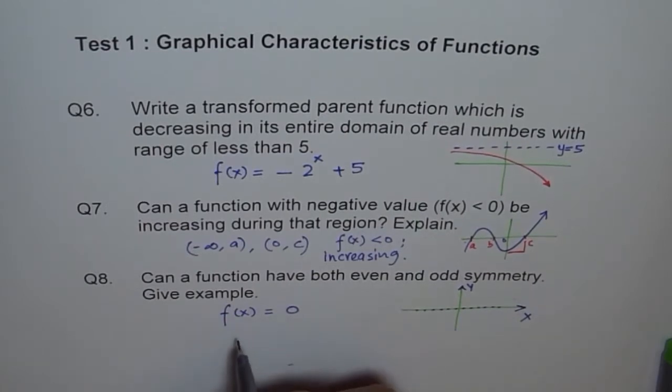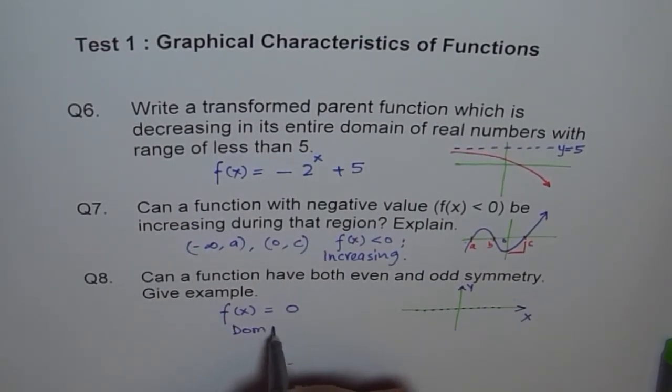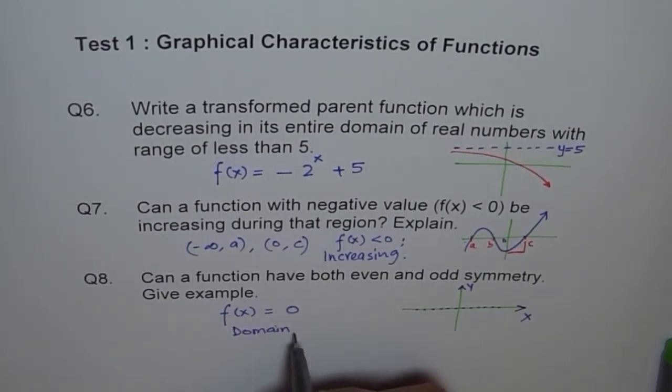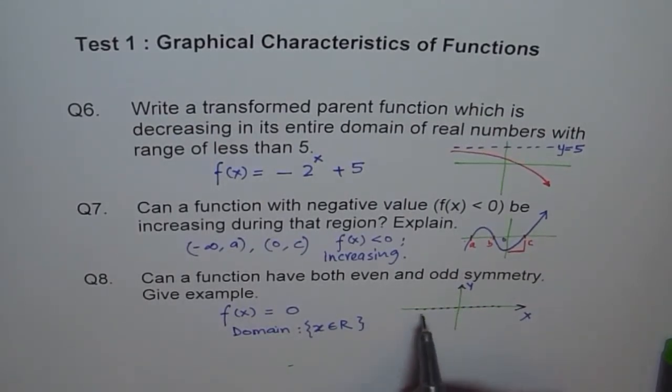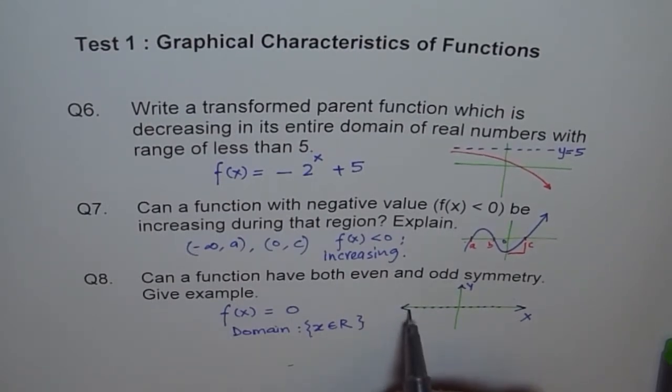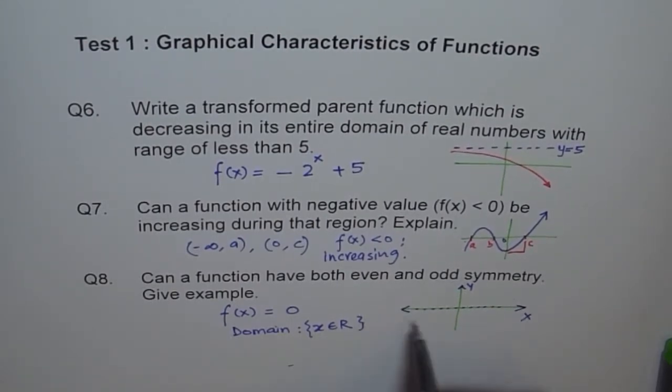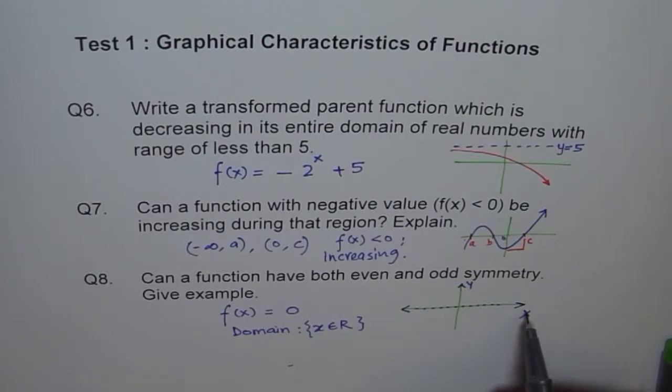So here, domain is all real numbers. And you will notice, it is symmetric about the y-axis, correct? This line is symmetric about the y-axis. It goes from minus infinity to plus infinity, correct? So it is even because it is symmetric about the y-axis.